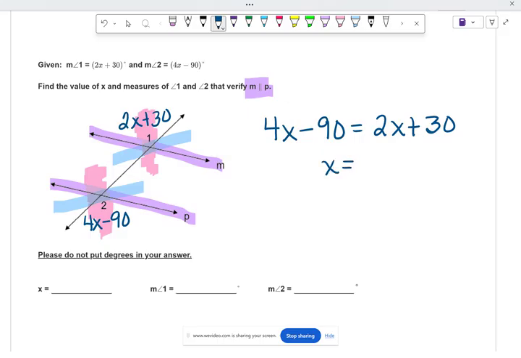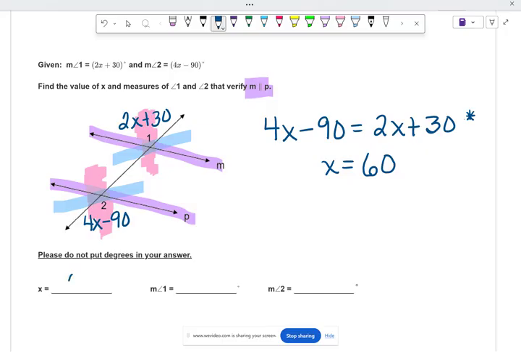And if we solve that, y'all please use Desmos to help you solve. I saw so many of you set this up correctly, but then made a careless algebra mistake and you didn't get the right answer. If you want to solve it by hand, that's great, but please double check with Desmos. If we solve this, we would get x equals 60.